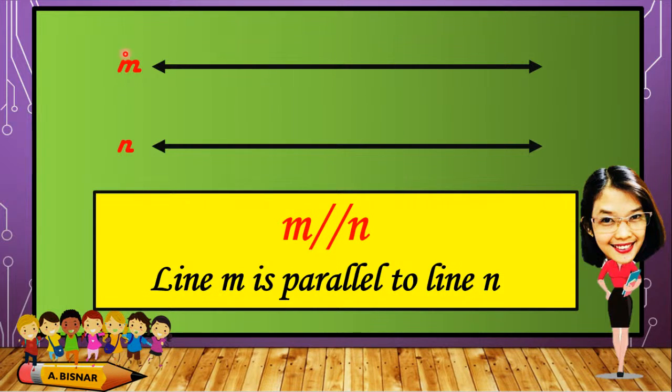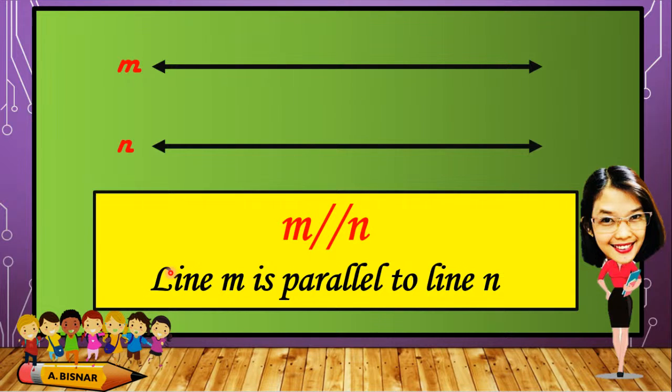Again, when you are naming a line, kapag pinapangalanan yung line, you're using small letter or the lowercase letter because there are no given points on this line. There are points, but the name of those points are not given on this line.